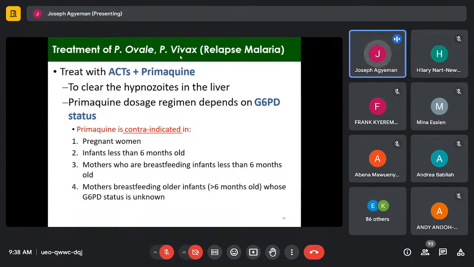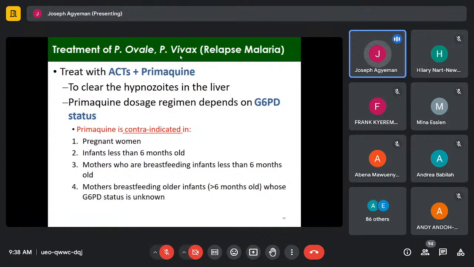So it is very important that as you isolate either ovale or vivax as part of the treatment, you add an agent that can also clear the hepatic stage so that you don't get the relapse.